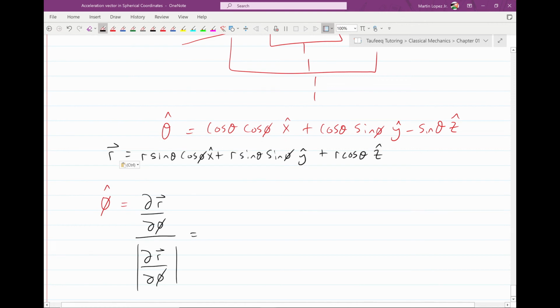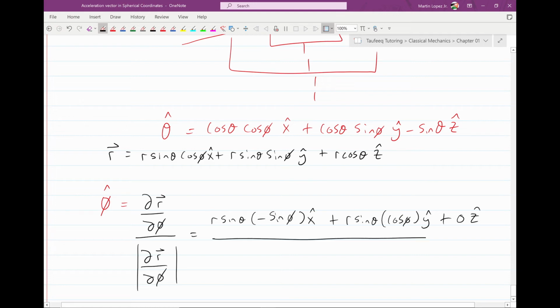Again, let me just paste r there, and we have r sine theta negative sine phi x hat plus r sine theta cosine phi y hat plus 0.